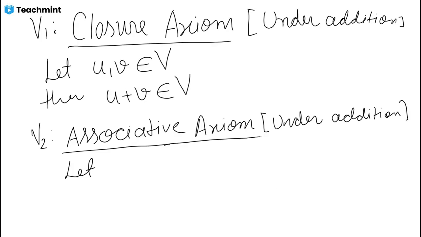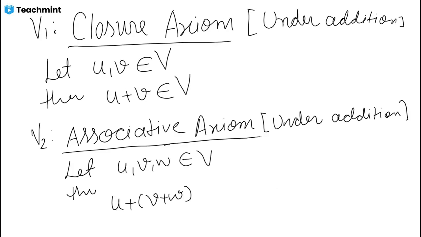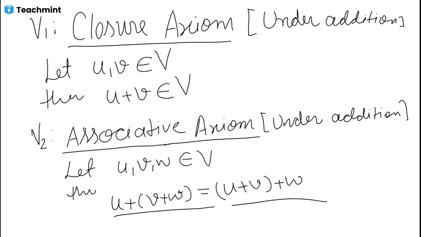Let u, v and w belong to V, then (u plus v) plus w must be equal to u plus (v plus w). If they are equal, then the associative axiom is verified.